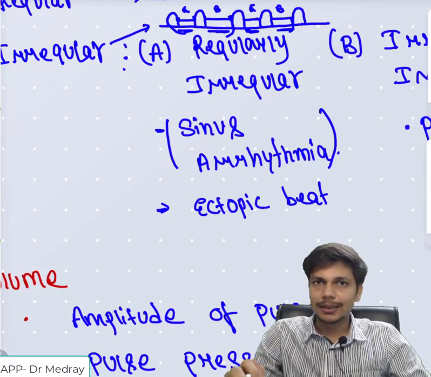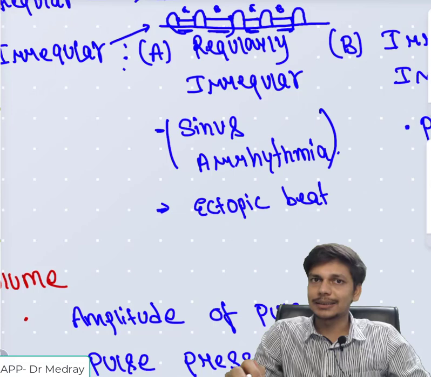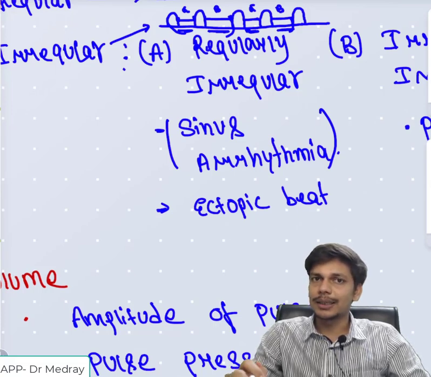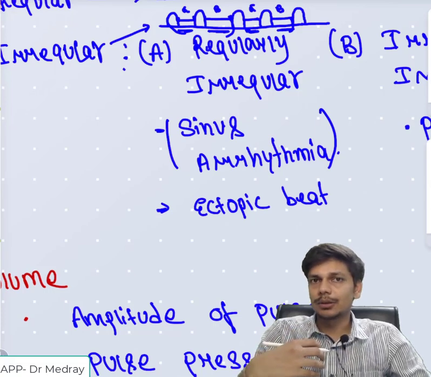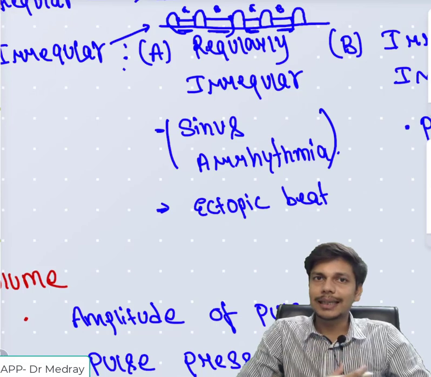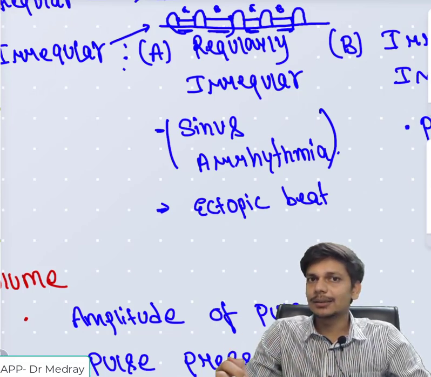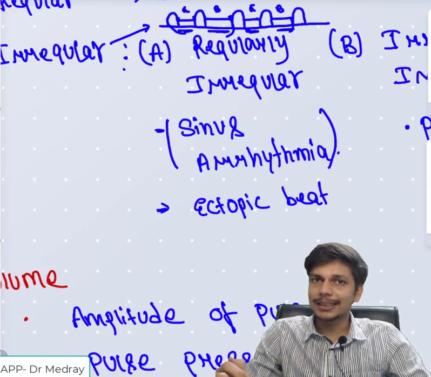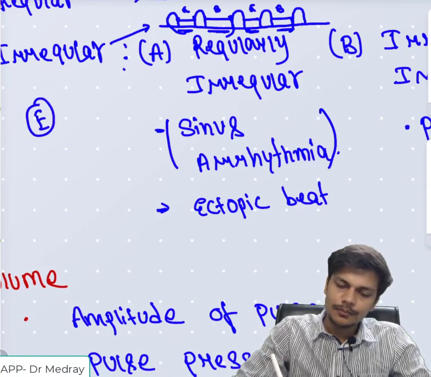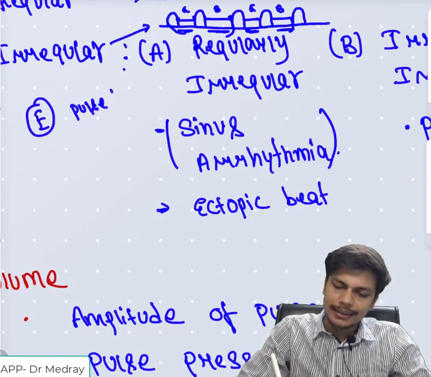During inspiration the blood coming to the right side of the heart is more, and the blood coming to the left side of the heart is more during expiration. So during expiration, if the pulse rate decreases, that is the sinus arrhythmia.